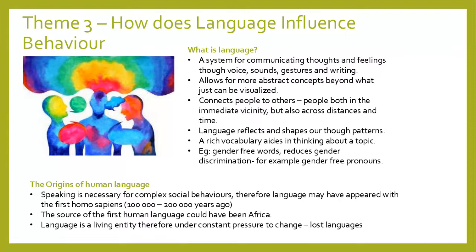So the origins of human language: obviously speaking is necessary for complex social behaviors, and language could have appeared with the first Homo sapiens 100 to 200,000 years ago, and it's even said the source of the first human language could have been in Africa. And so language is a living entity, and language grows with new words, but at the same time languages can also be lost.